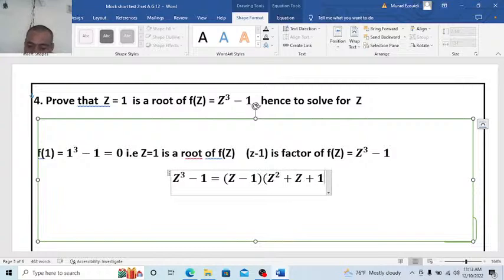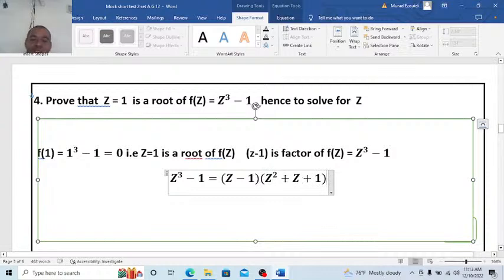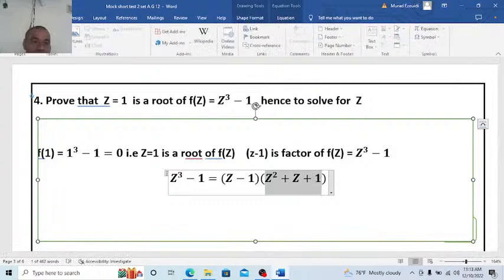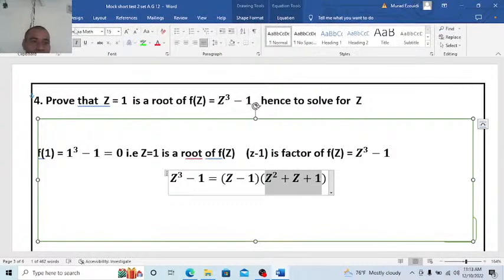This is the second polynomial function, known as the quotient when you divide your original function by z minus 1.